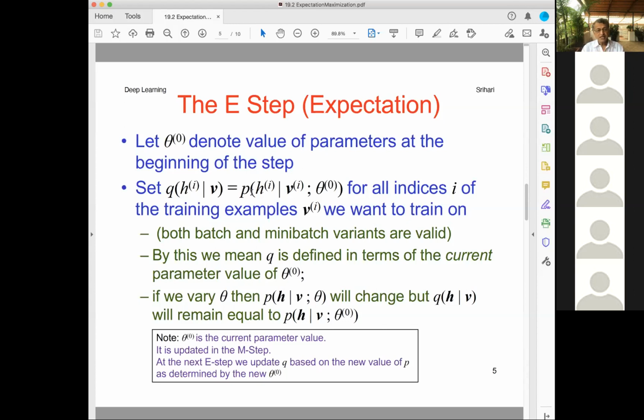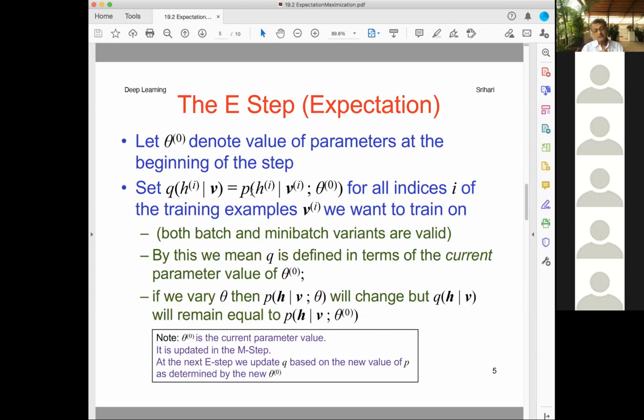And for all indices i of the training examples, so this is running through all the samples here, both batch and mini-batch variants are valid. By this we mean Q is defined in terms of the current parameter values of theta. So whatever the theta naught values are, Q is defined by the current parameters theta naught.